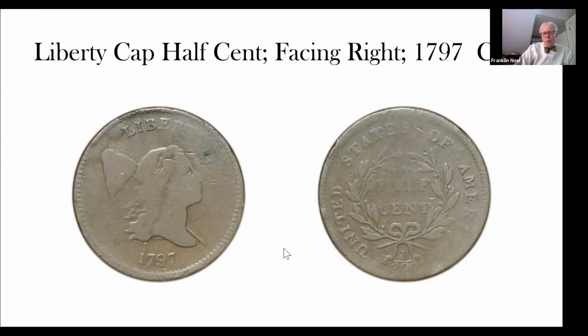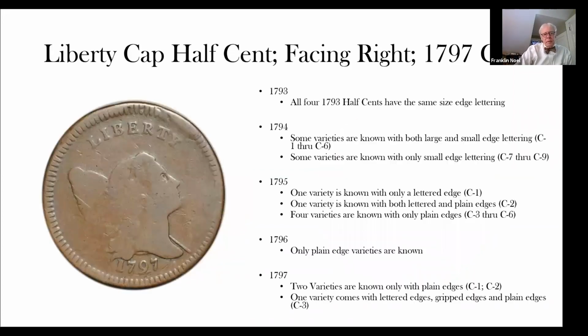There's also a normal head and what's called a low head. This is the low head. You can see it's pretty self-evident why it's called the low head. In addition to being a bit more scarce than the first 2 die marriages, the low head variety also poses an edge subvariety challenge.